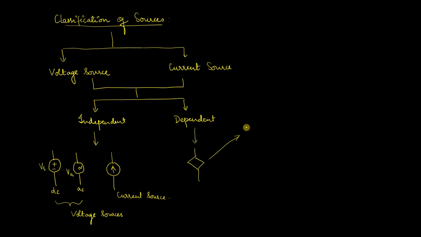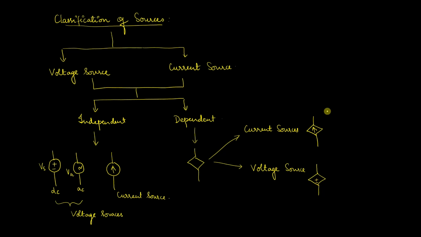Let me write the classification again. Let us first look at the dependent current sources. The dependent current sources are further classified, as well as the voltage sources. Kindly observe the way the representations are.